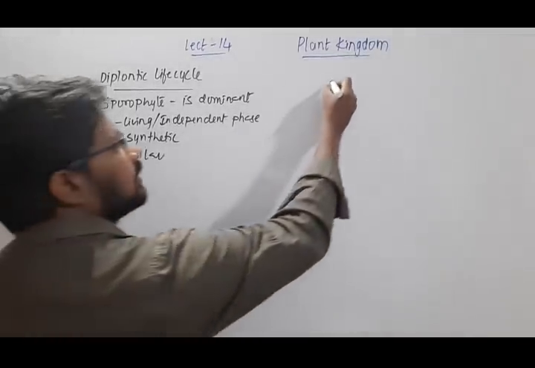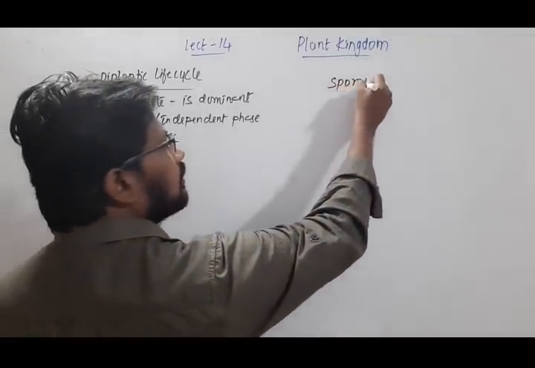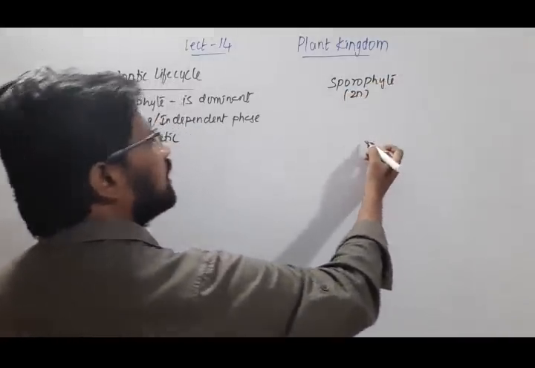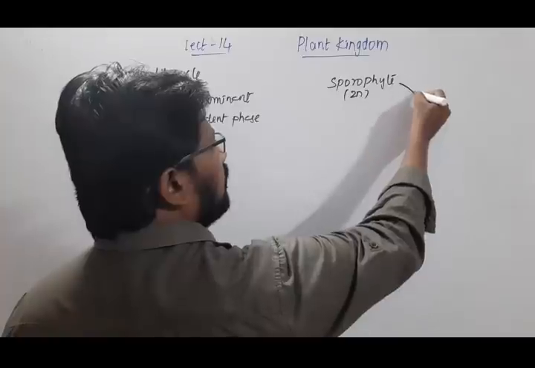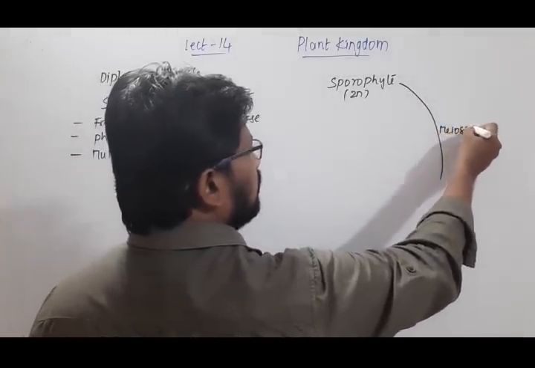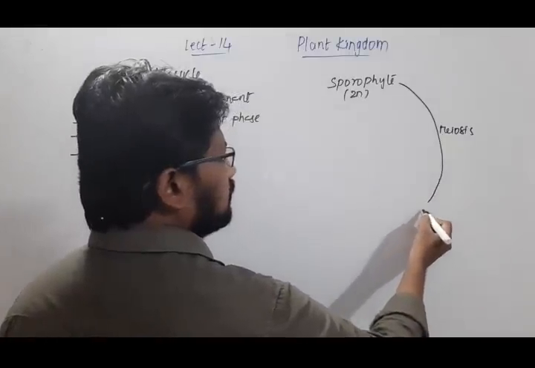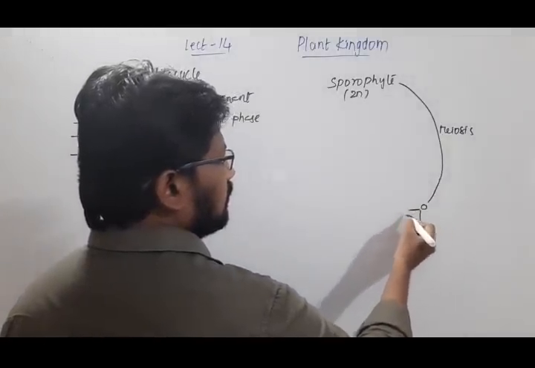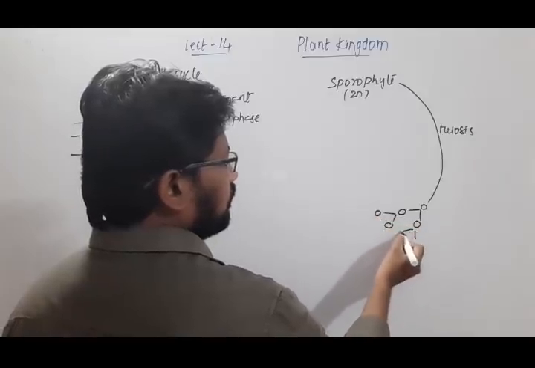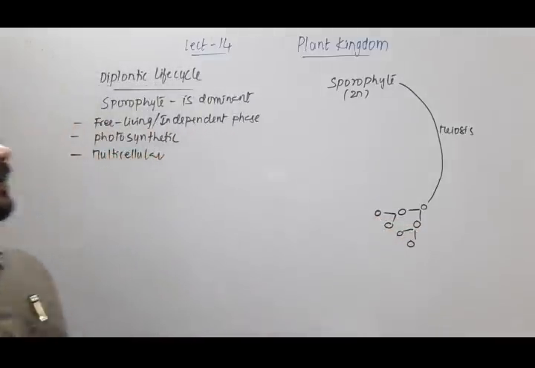So let's see here, sporophyte. This will be diploid in condition, and this sporophyte by means of meiosis produces spores.